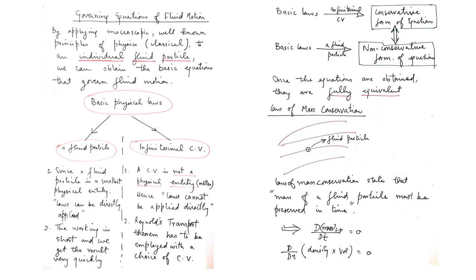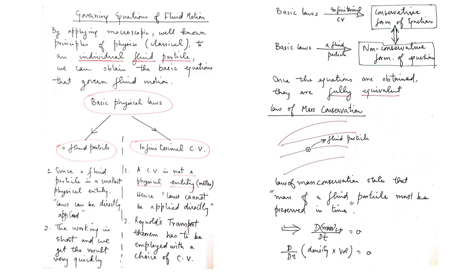So many things will be happening to the particle, but whatever happens, the mass of a fluid particle must remain same, or it must be preserved in time. So using the usual notation in fluid flows, it means that the material derivative capital D/Dt of mass of the fluid particle must be 0.